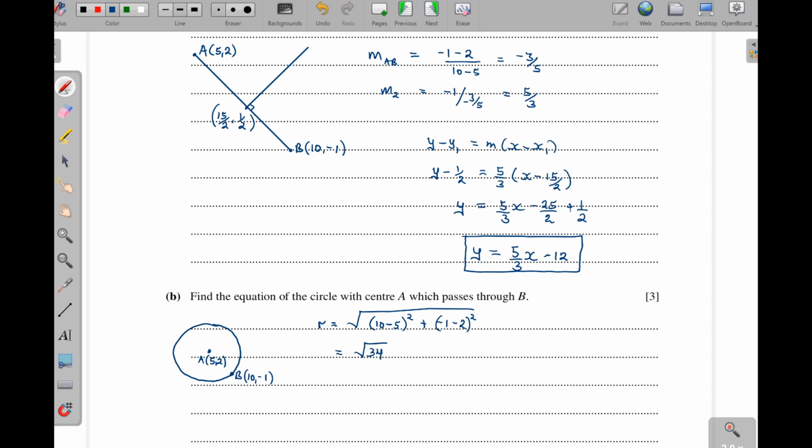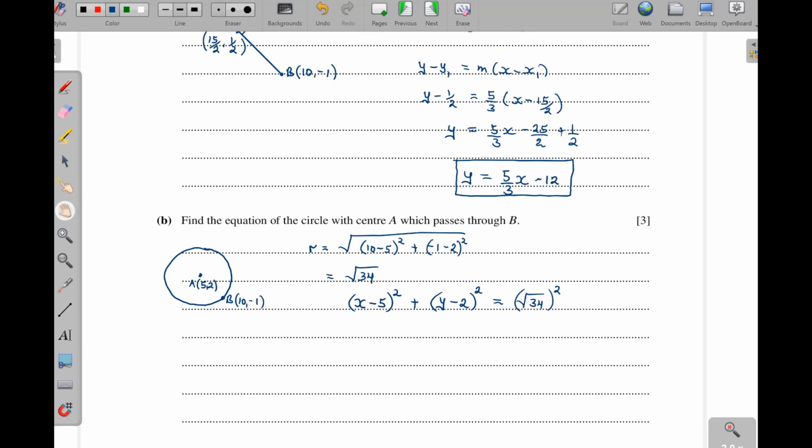So the equation of the circle is going to be x minus 5 squared, then plus y minus 2 squared. Remember, we are supposed to use the coordinates of the center here. This one is supposed to be equal to r squared, right?